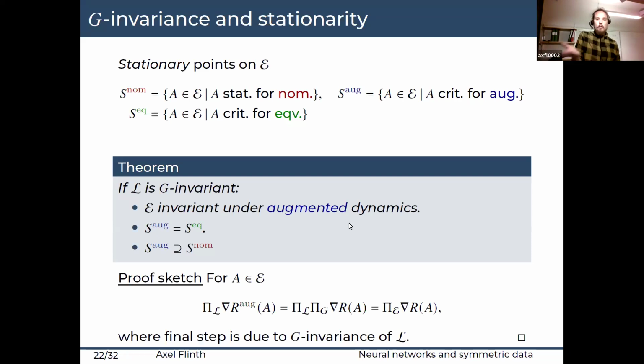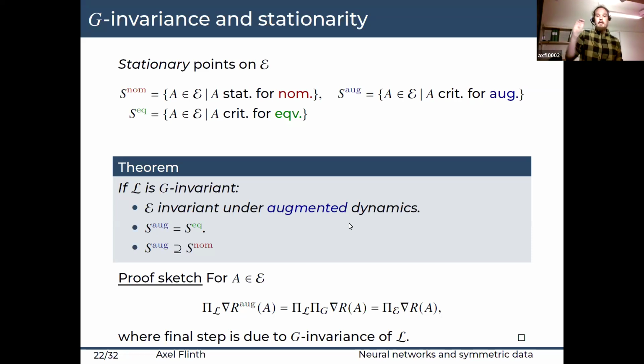And the proof sketch goes something like this. On E, I know that my augmented gradient is equal to the projection of the nominal gradient. And then if I have this relation that applying the lifted transformation to my weights keeps me in L, then I can argue that the concatenation of projecting to HG and to L exactly corresponds to projecting to E. And once I have this equation, everything follows.